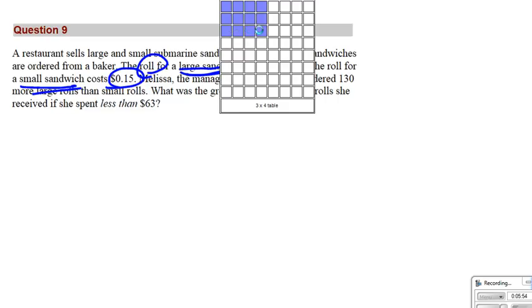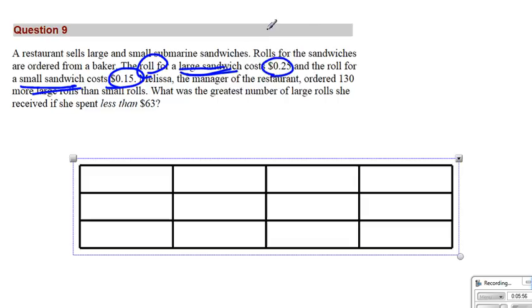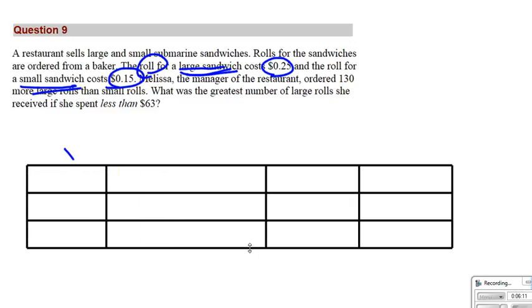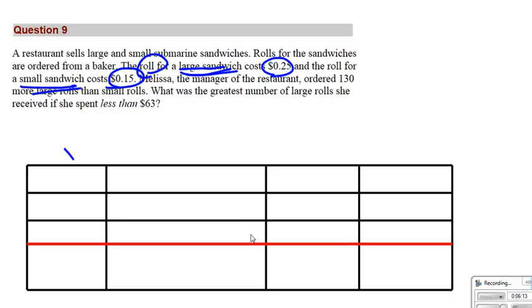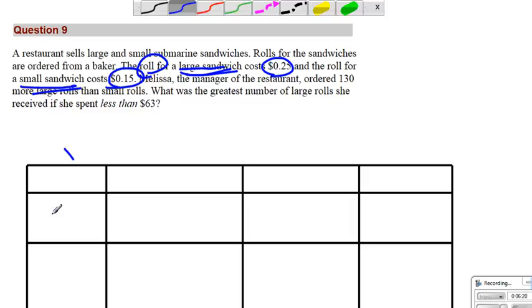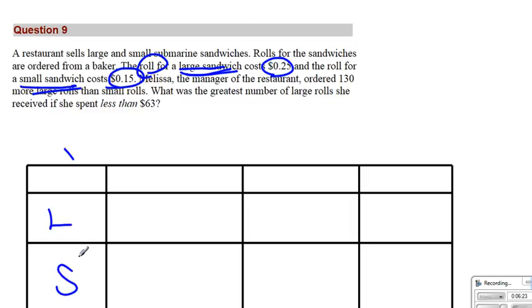Since we have 2, alright, so first one is the large roll, the other one is the small one. That's the category. How about the number of each kind?